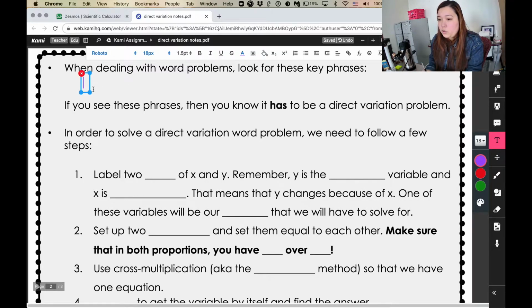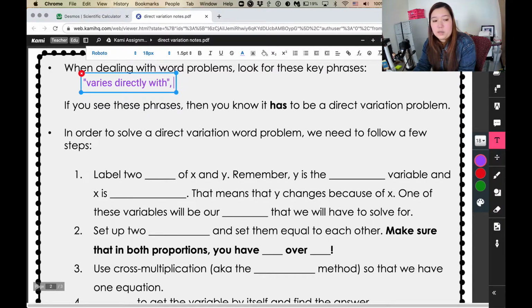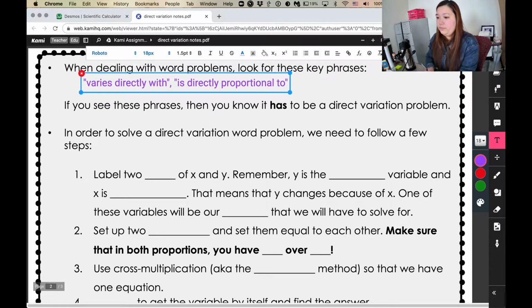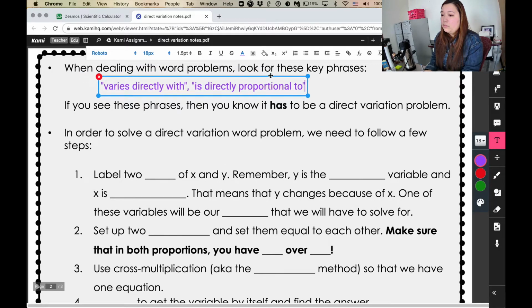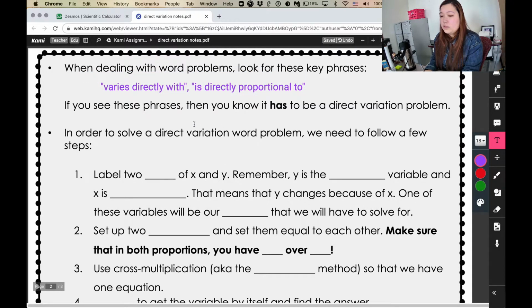The first one is "varies directly with," and then the other one is "directly proportional to." So those are two phrases that are your signal, your clue, that it's a direct variation problem.